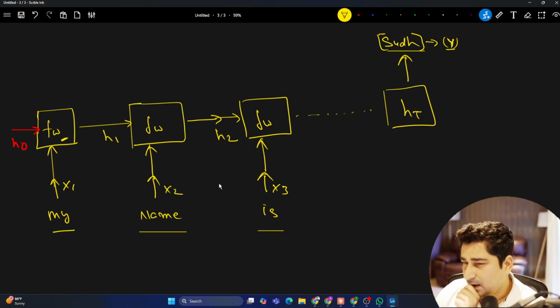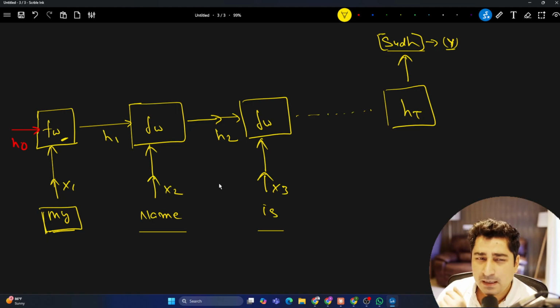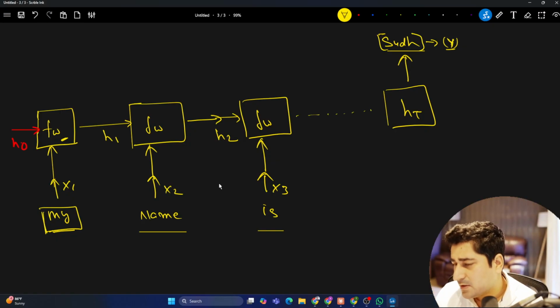Now, you are going to provide my. How will a neural network be able to understand my? How is a neural network going to interpret this word called my, or name, or is, or SUDH? Because a neural network is basically a mathematical equation, a mathematical network, at the end of the day. Doesn't matter which network we are talking about, even a convolution.